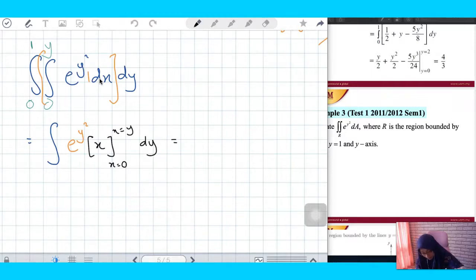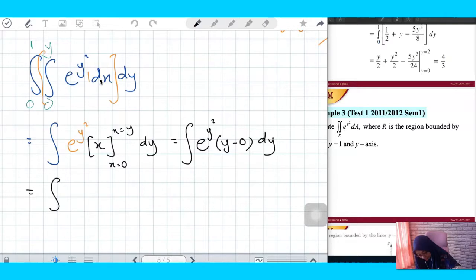Then when you substitute the limit, now you have y squared, and you have y minus 0 dy. Then simplify, so you have y e^(y squared) dy.